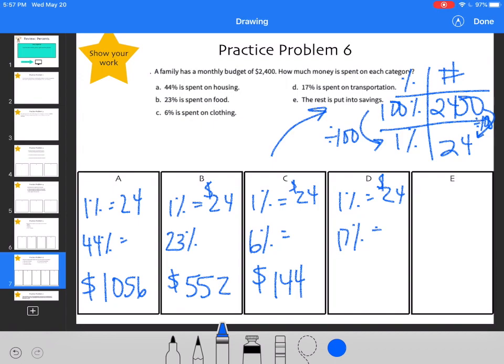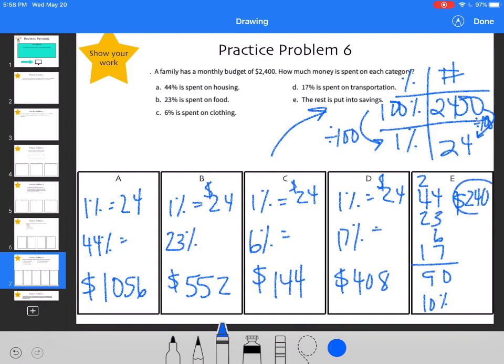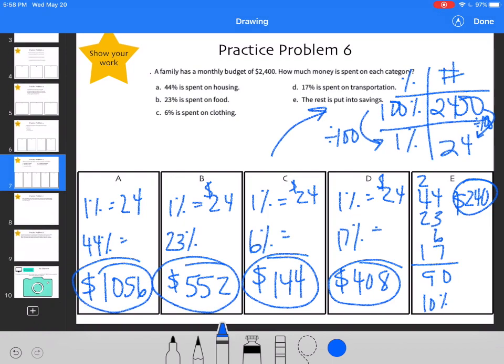So 24 times 17 is going to give me 408. Then they said the rest is put into savings. So I'm going to add up my percentages and see if I can figure out what percentage is in savings. It's 23, 6, and 17. So that's 10%. So 10 times 24 is going to be $240. Or I could have subtracted all of these from 2,400.